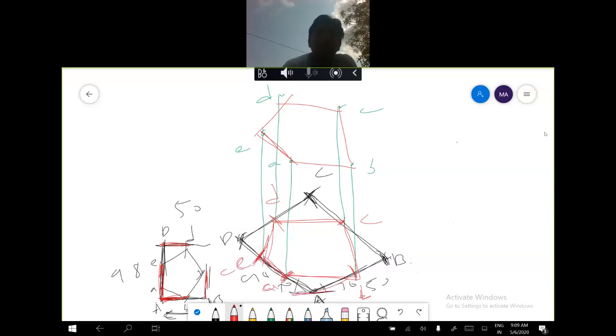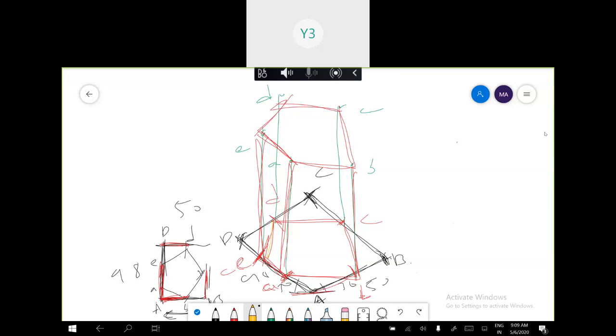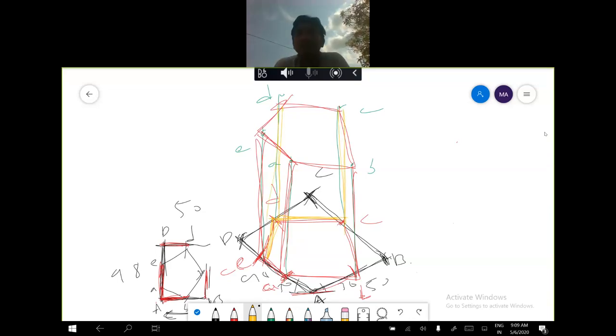Invisible parts will be drawn with a yellow pencil. Yellow sketch indicates these are all invisible parts.